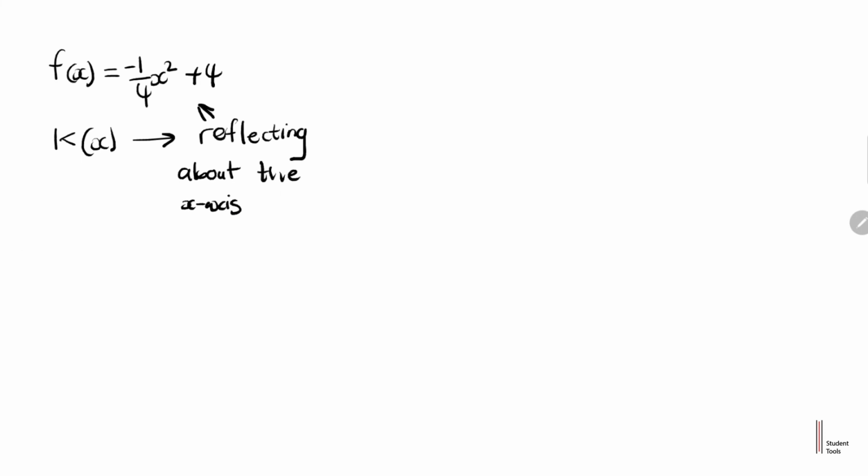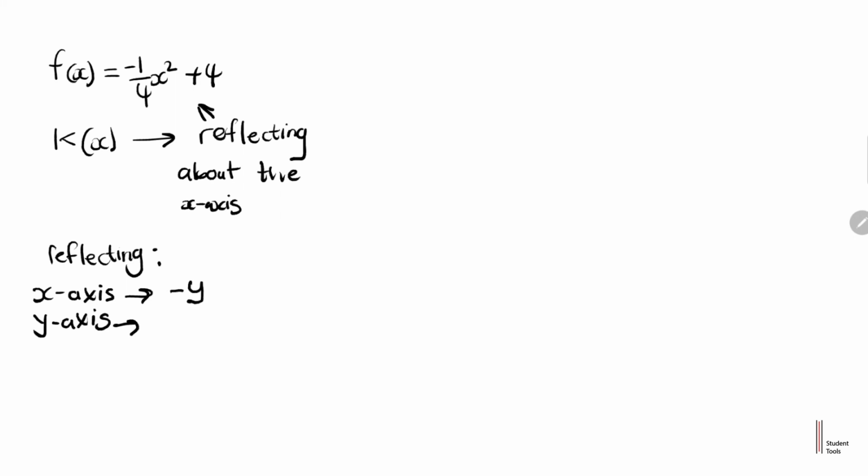So what do we know about reflecting graphs? Let us say we are reflecting about the x-axis and the y-axis. So what do we know about that? What we know is when we are reflecting a graph about the x-axis, we negate y.